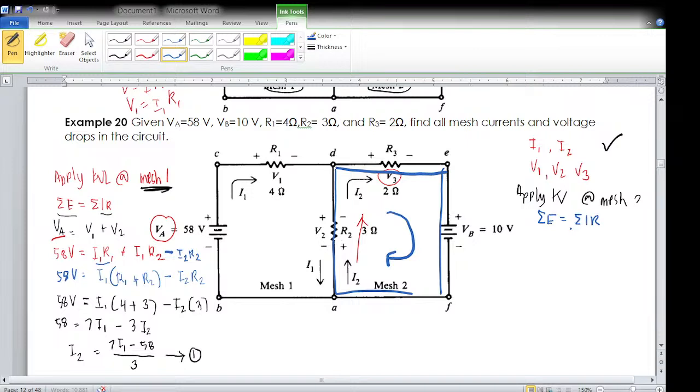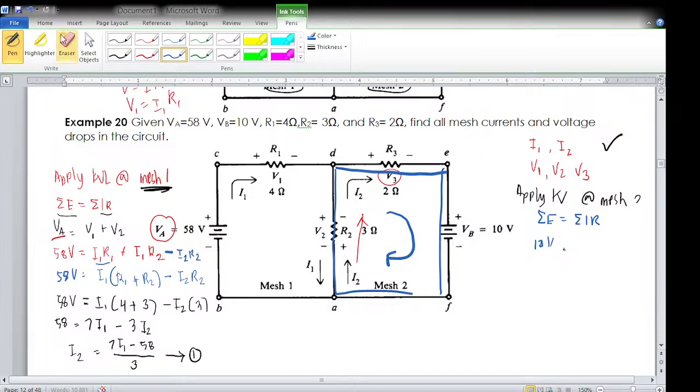Now, how many volts is the EMF here? 10 volts, ma'am. Okay, it's 10 volts.